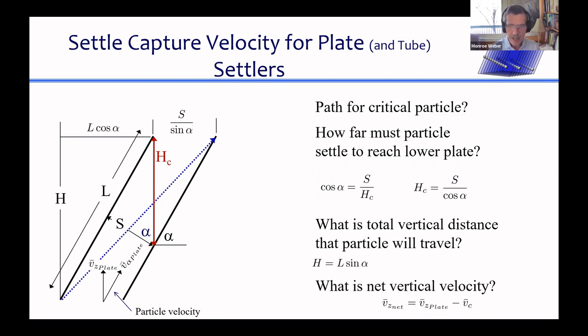And its net vertical velocity is the addition of how fast the water is traveling vertically minus how fast gravity is pulling it down. So you've got water carrying it up, gravity pulling it down, and VZ net is the net velocity of that particle in the vertical direction.